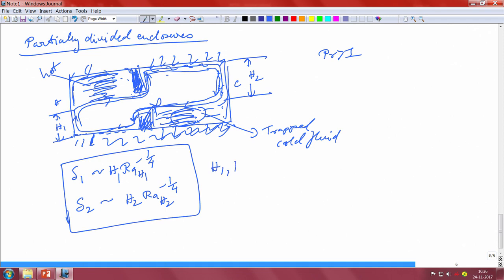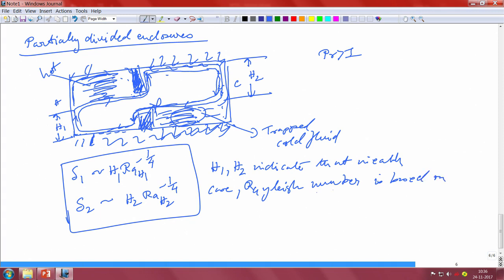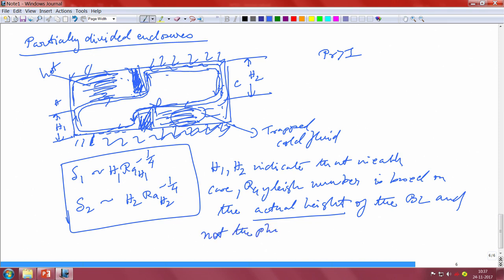So h1, h2 indicate that in each case the Rayleigh number is based on the actual height of the boundary layer, rather than the physical height of the enclosure.